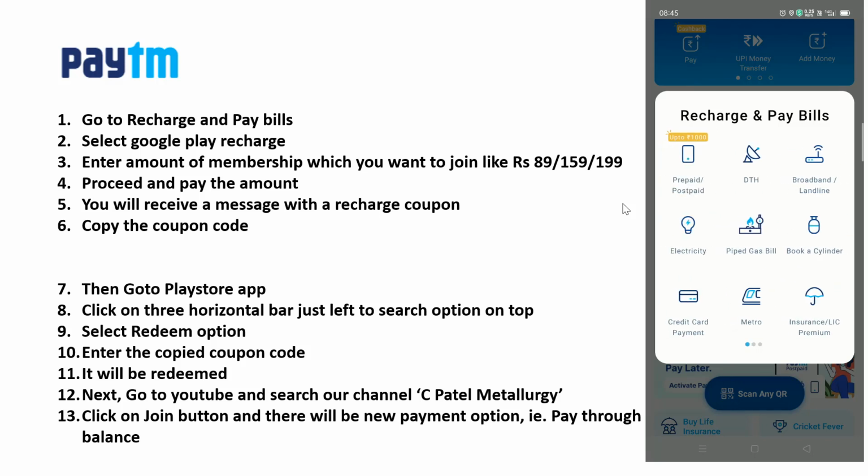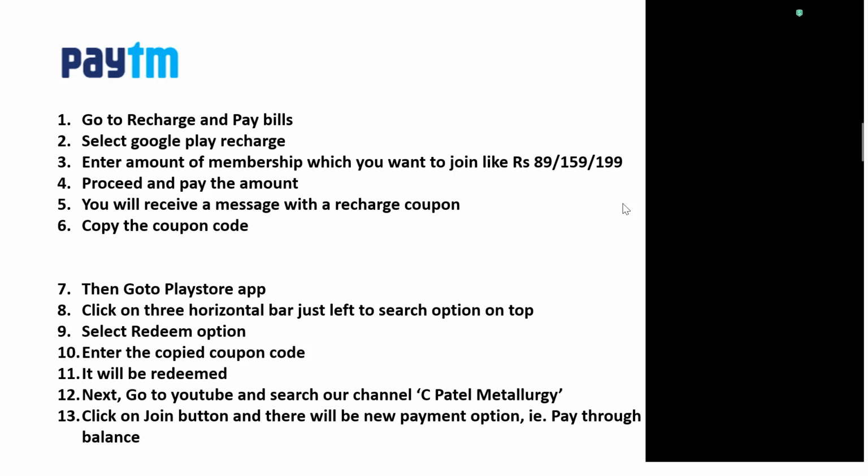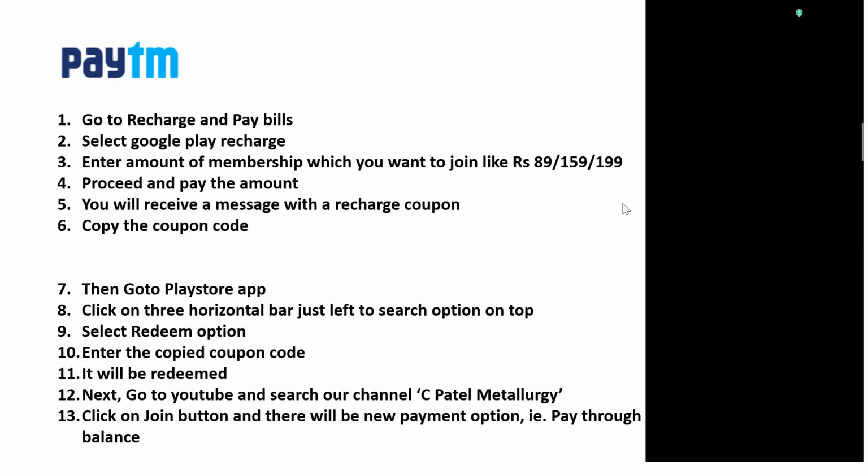Click on Google Play Recharge, and then put in the amount of money for the membership you want to take, like suppose rupees 89 or 159 or 199. Then click on proceed. Once you click on proceed, click proceed to pay. So you need to pay this amount.